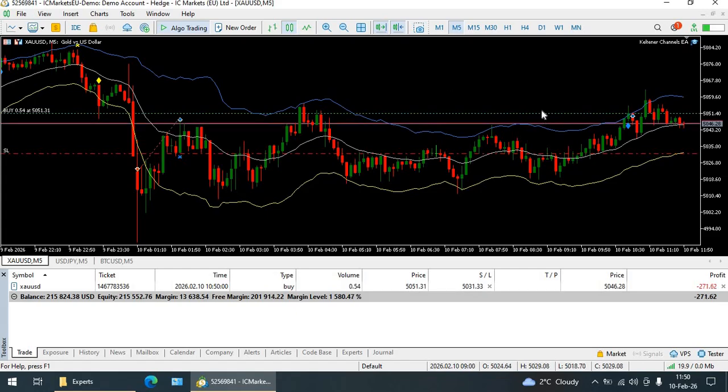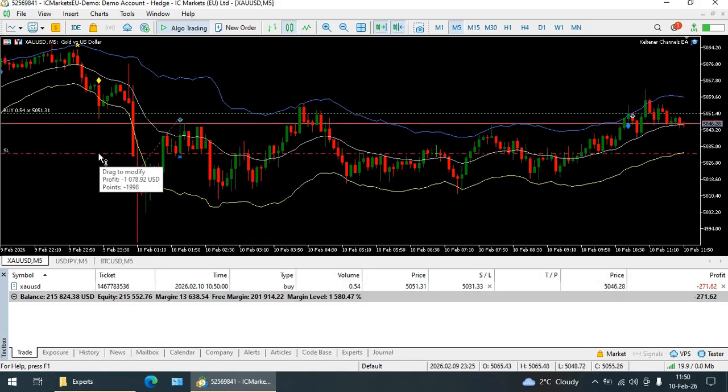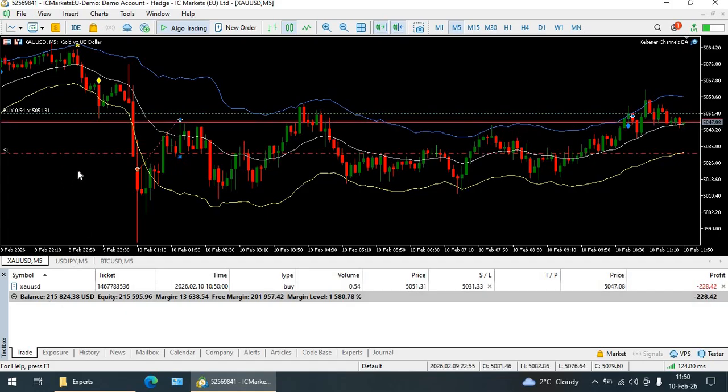Here is a trade opened, and you can see it's risking around half, from which would be 2168 for 1%, and here it's risking 1000 and a little bit more.